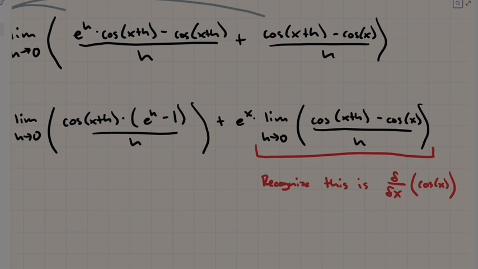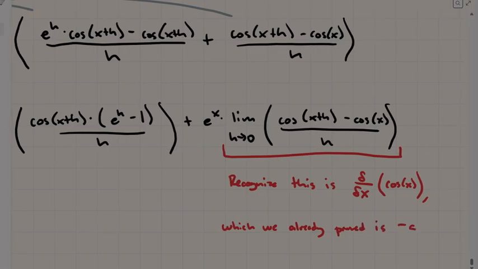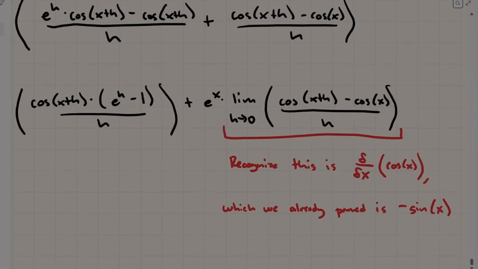The limit as h approaches 0, cosine x plus h minus cosine x over h, that's just the derivative of cosine x, which we already proved is negative sine of x. And so that means we can just substitute this whole limit expression for negative sine of x.